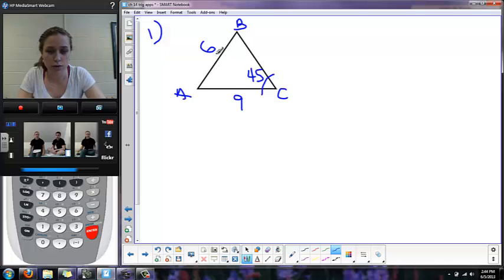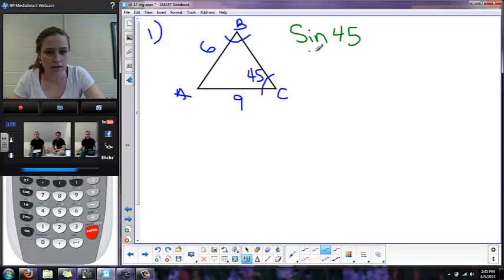So if I'm going to do law of sines, because this is how many different triangles, with law of sines I do sine of C over c is equal to sine of B over b. Okay, so let's see what happens. Sine of 45 divided by 6 is equal to the sine of B over 9. And we're going to try to figure out what B is equal to.